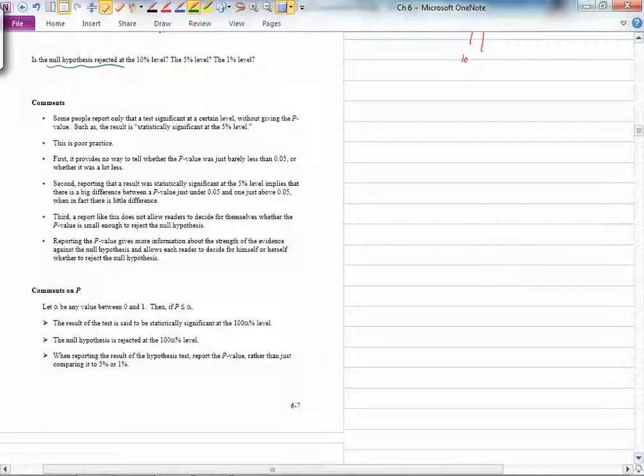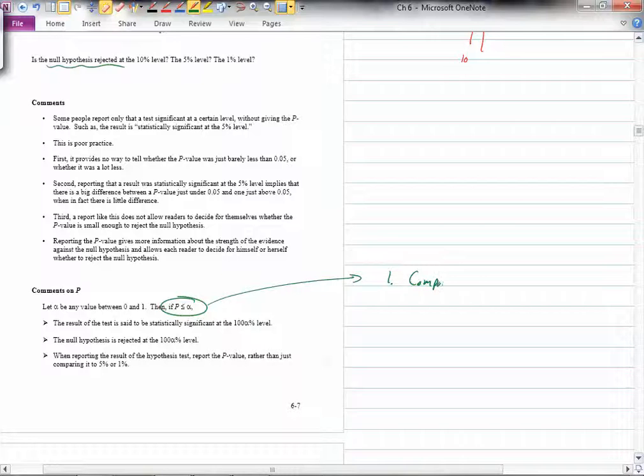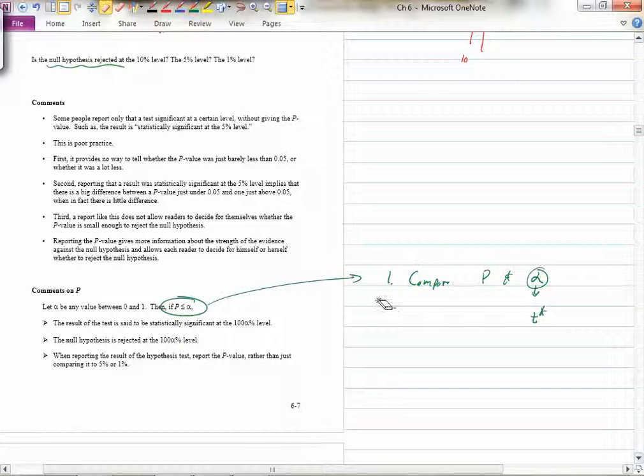What I just said in that last step is one way we can do it. We can compare p with alpha. If p is less than alpha, we reject the null hypothesis. Another way we could have done it is, given an alpha, if alpha was 5%, that corresponds to some hurdle value of t star.